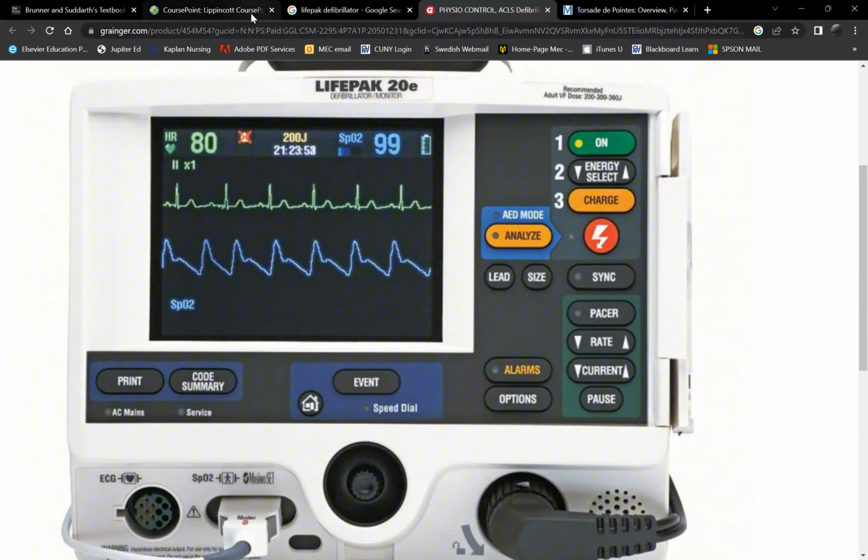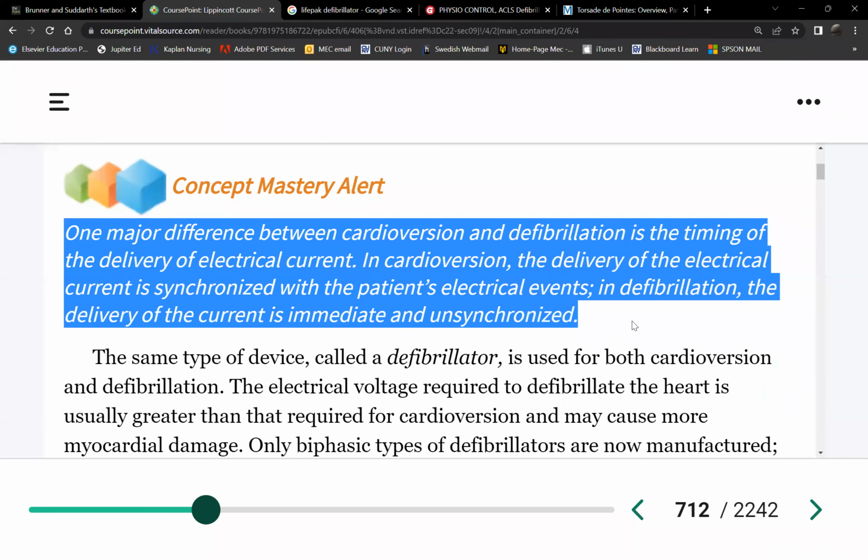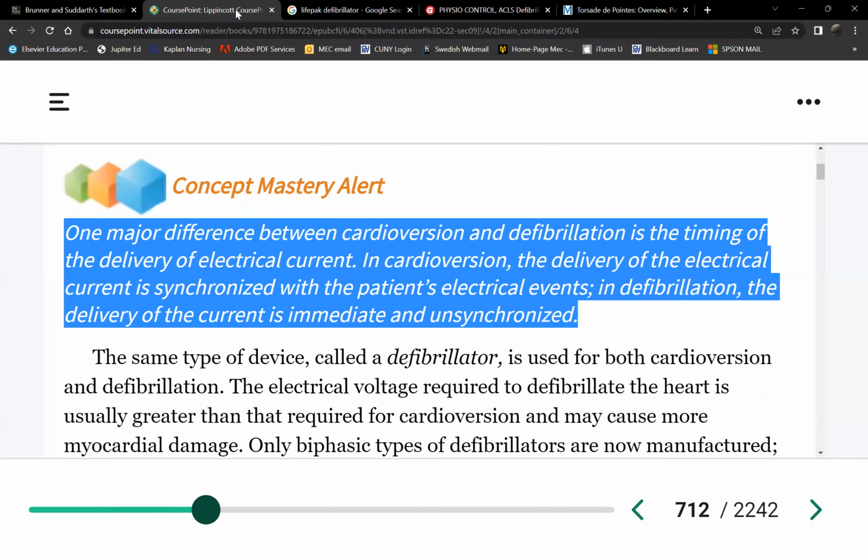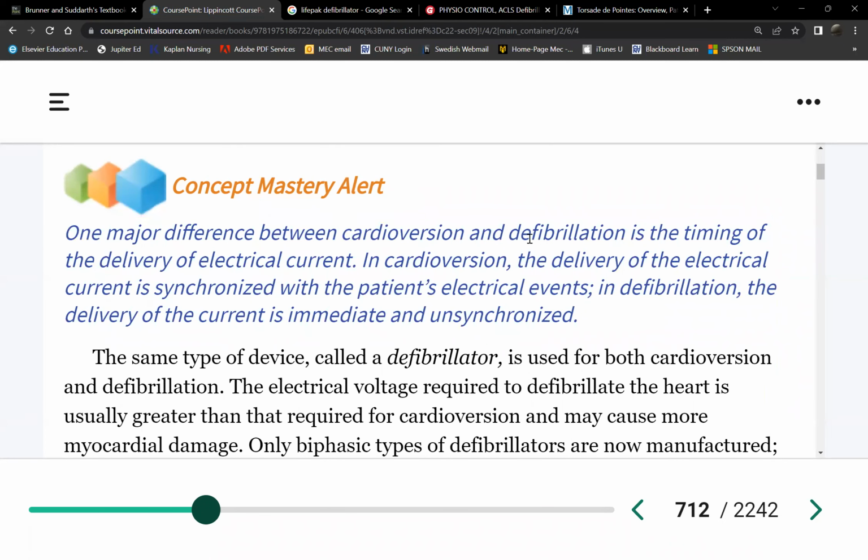If you're using it as a cardioverter, what should you do? Now you turn on the sync button. Now, when is the delivery of the electrical shock? Is it right after you press the button? No. The machine decides when it will deliver the shock. The machine is in charge now. So when does it deliver it?